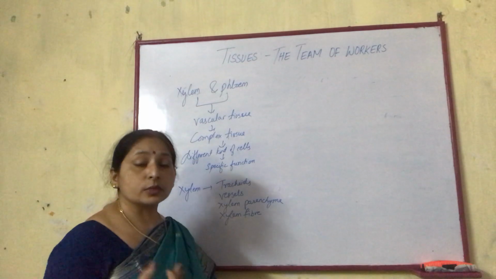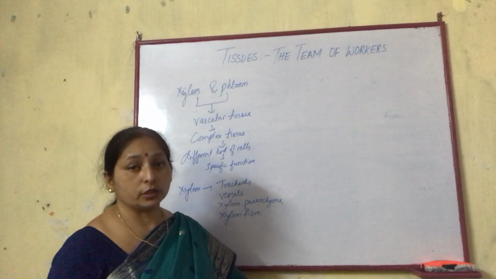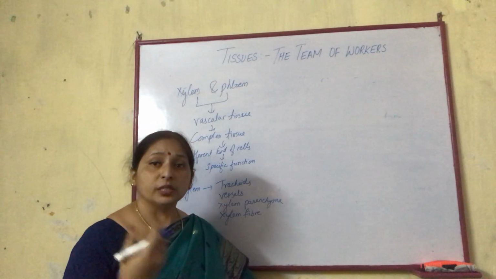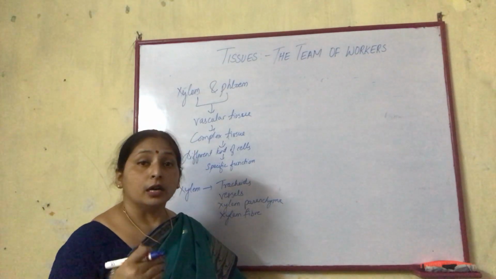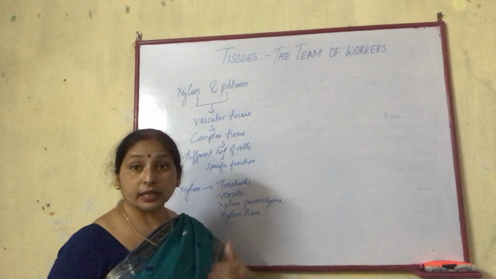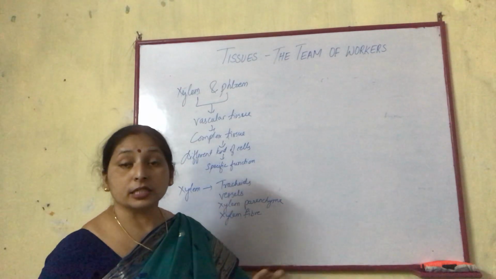We all know the function of xylem is transportation of water. Is it unidirectional or bidirectional? Are all four tissues doing conduction, or are some just for support?